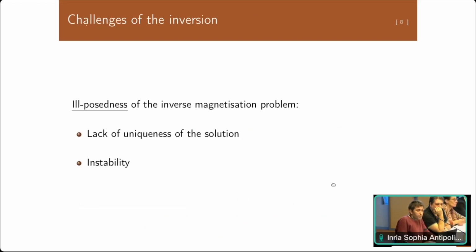The reconstruction of the magnetization from the field is a severely ill-posed problem. The solution may not exist, but what is even more crucial is the non-uniqueness of the solution, and that the solution lacks stability. So let's start with the lack of uniqueness.